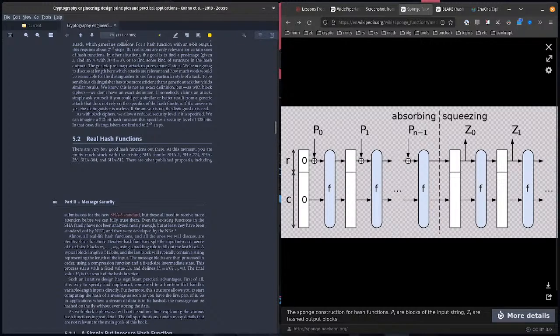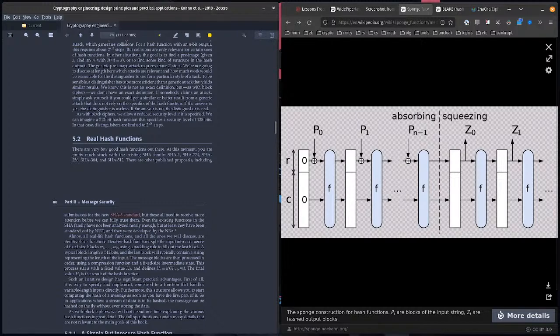The absorbing phase takes in some message, and the message is contained in P0 through Pn. Then you can continue to reapply the same function to squeeze out the random bytes of the hash function. The absorbing and squeezing phase means that the attacker would need to take Pn-1 and the output after Pn-1, and then insert their message in here.